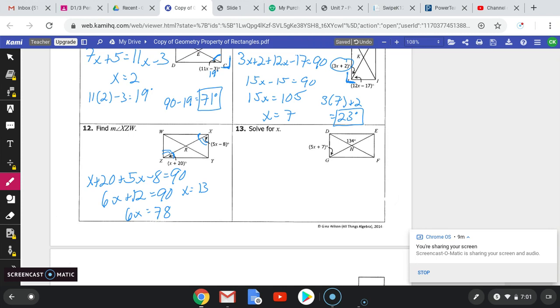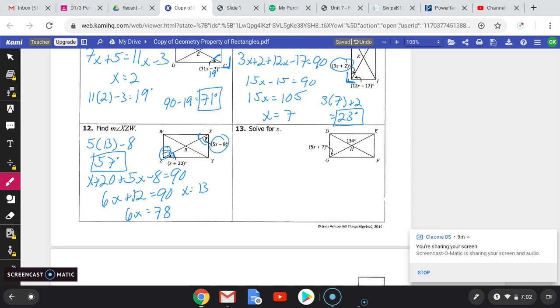Now I want xzw. xzw is what I labeled right here. So in order to do that, well, that's this angle here. So I'm going to do 5 times 13 minus 8. 5 times 13 is 65. 65 minus 8 is going to be 57 degrees.